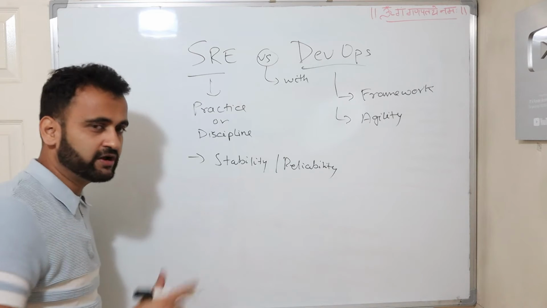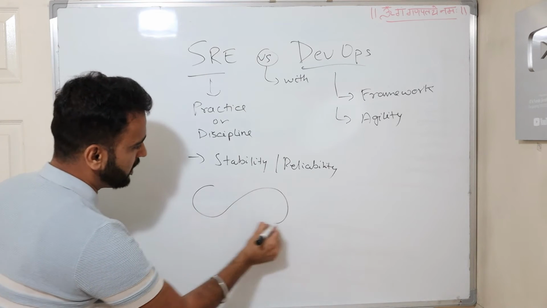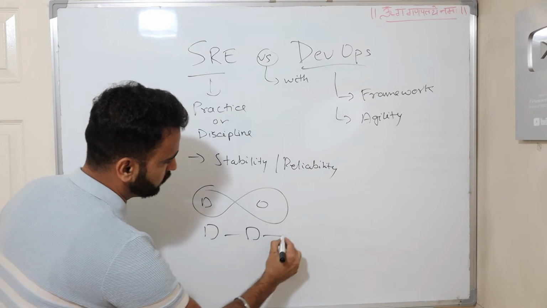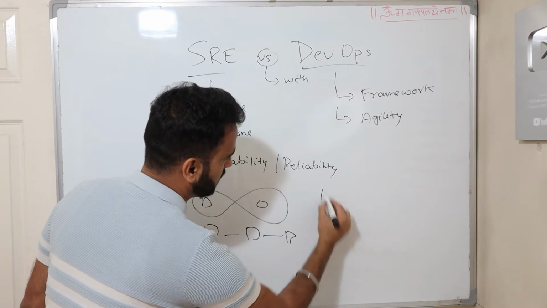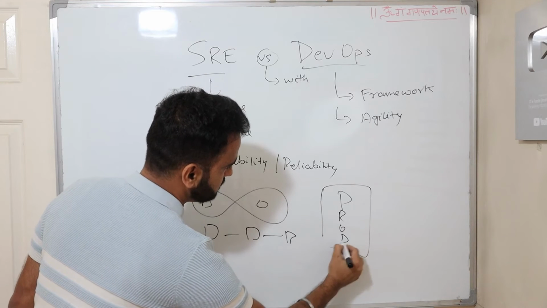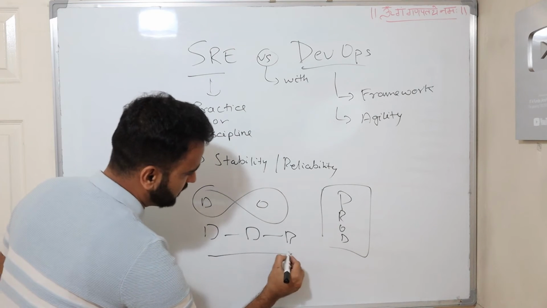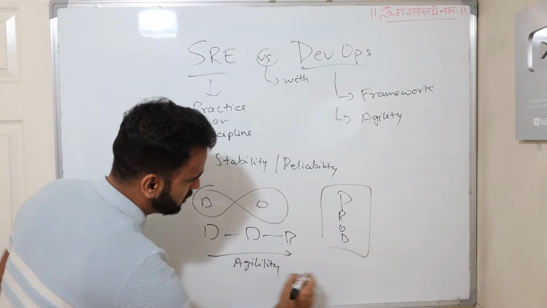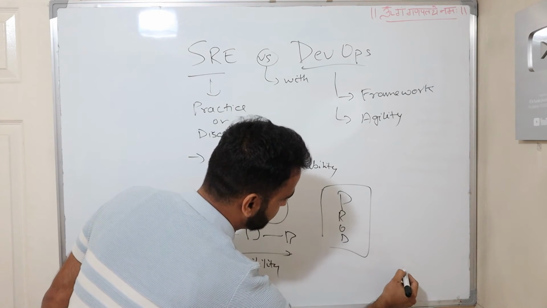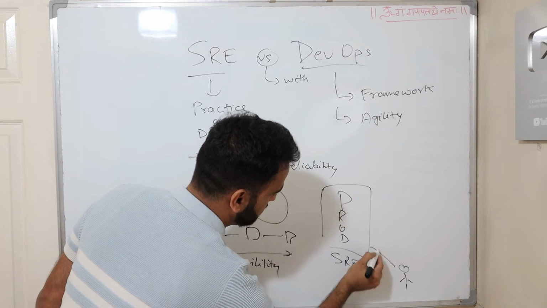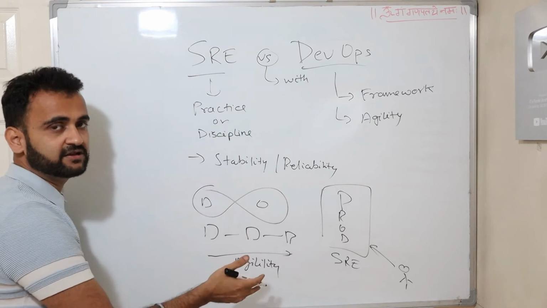So if we have to draw it out, if this is our DevOps framework where we are deploying the piece of code into our production environment, then these people are focusing on agility, while our SRE guy sitting here is focusing on the stability of the system.